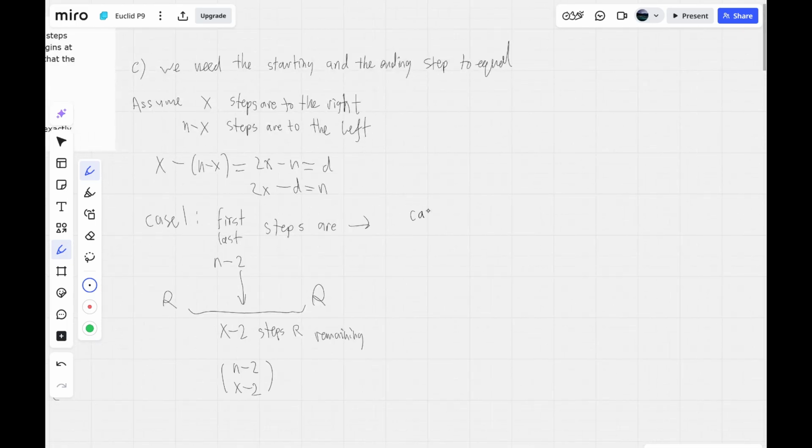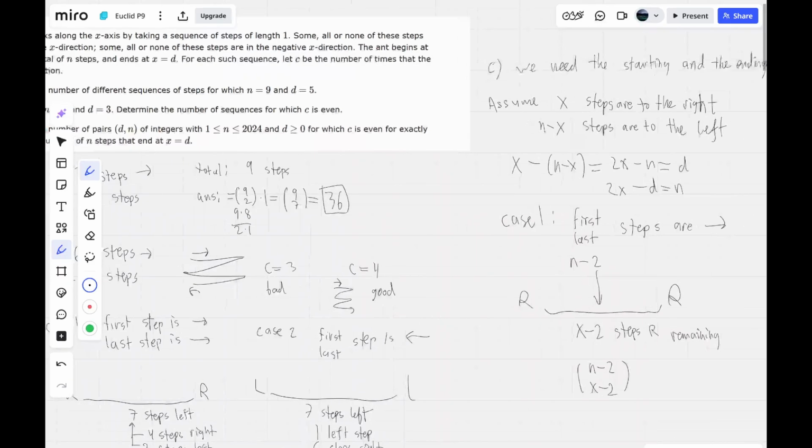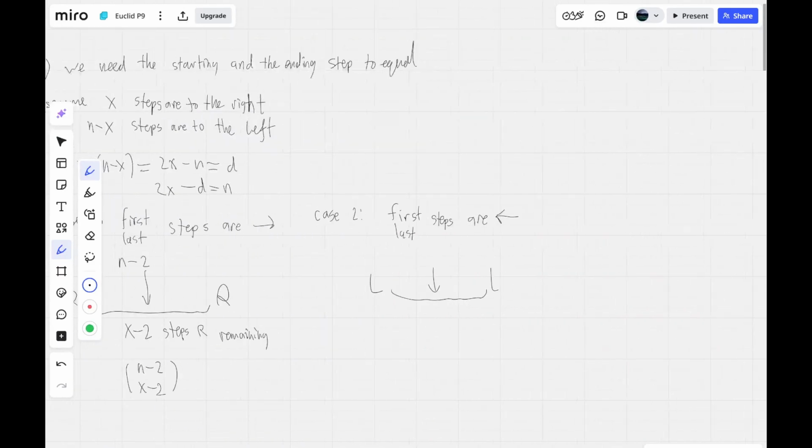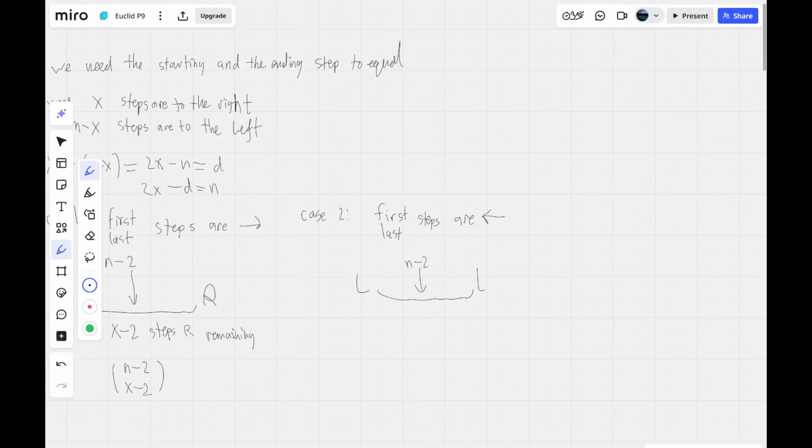And case 2, the first and the last steps are to the left. So here it's like L for left, and there are N steps in total. We have already used 2 of them, and that means there are N minus 2 steps remaining.